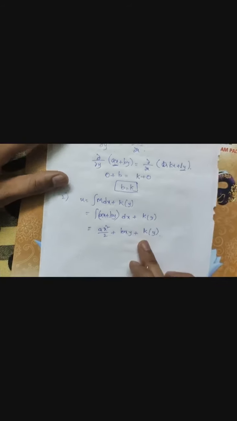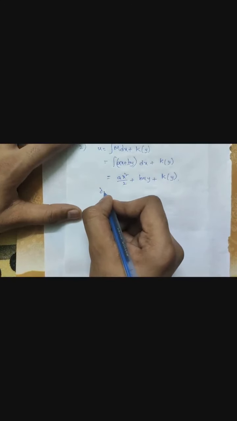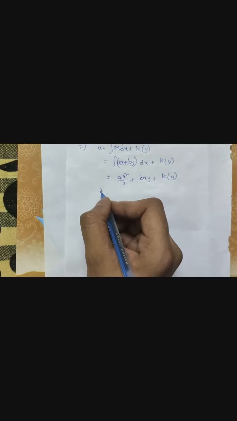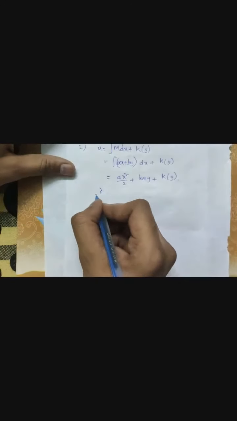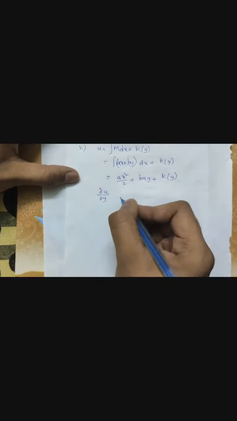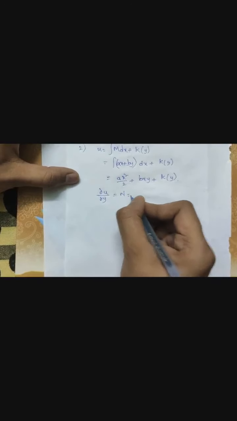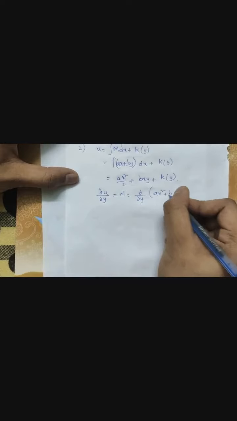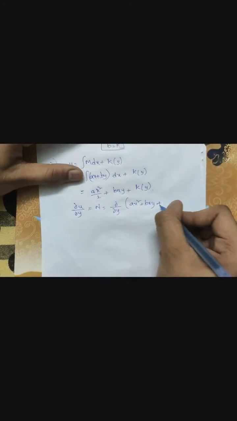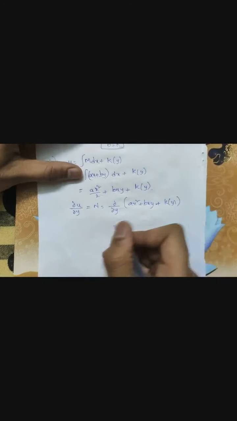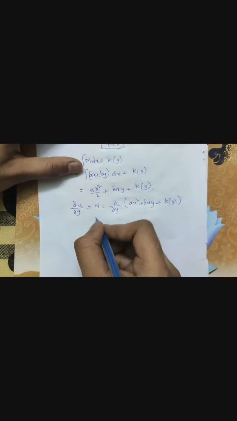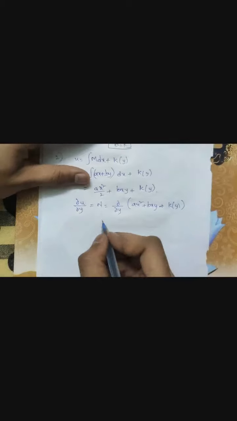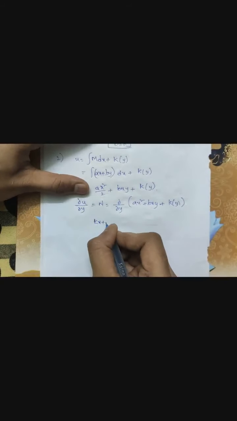For finding k of y, we take the partial differentiation of u with respect to y, which will be equal to N, that is, the partial differentiation with respect to y of ax square by 2 plus bxy plus k of y. N we have got as kx plus ly.